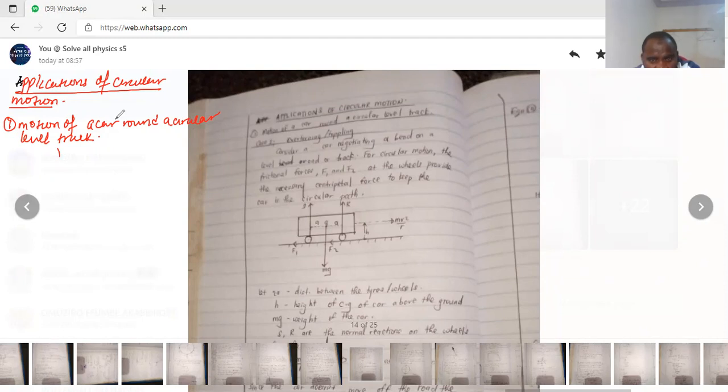Now consider a car negotiating a bend on a level road or track for circular motion. The frictional forces F1 and F2 at the wheels provide the necessary centripetal force to keep the car in circular motion. Now, if this is the road, and this road has a car on it, these are the two tires of the car.